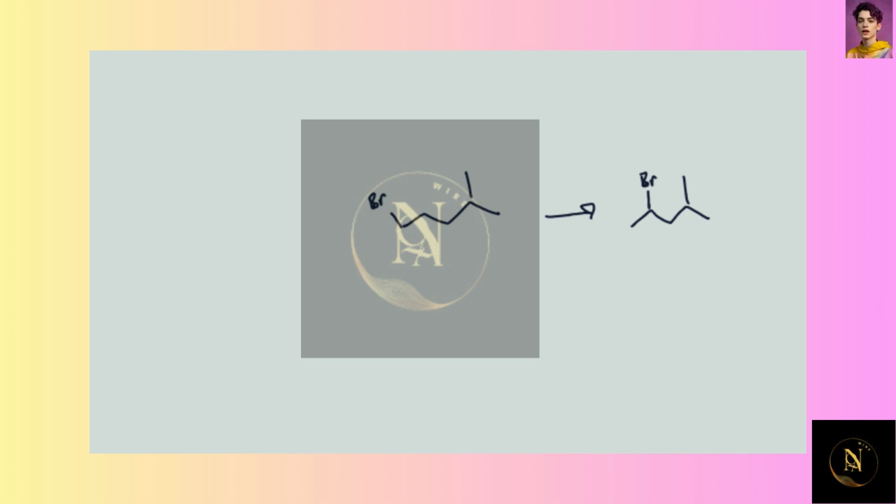So what we are looking at here very likely is that we will do something which generates an alkene and then installs bromine via Markovnikov addition of bromine.